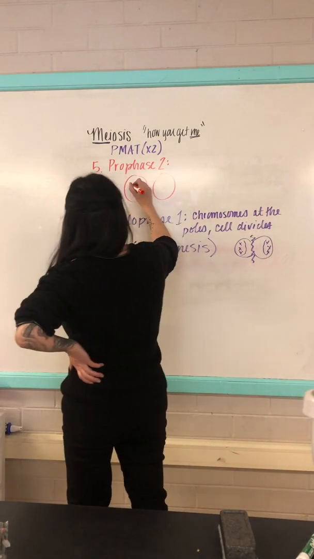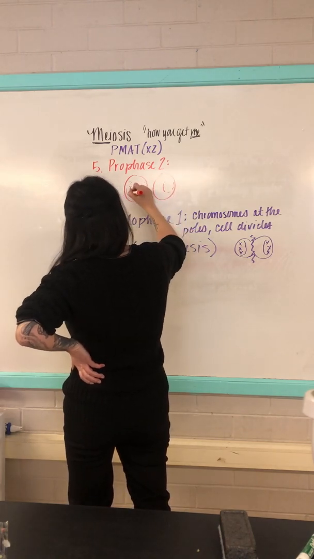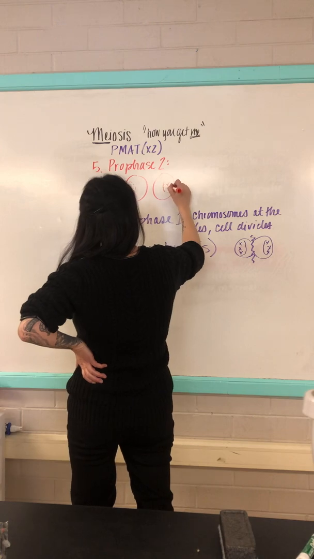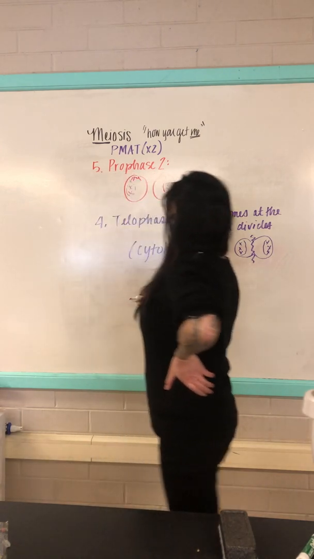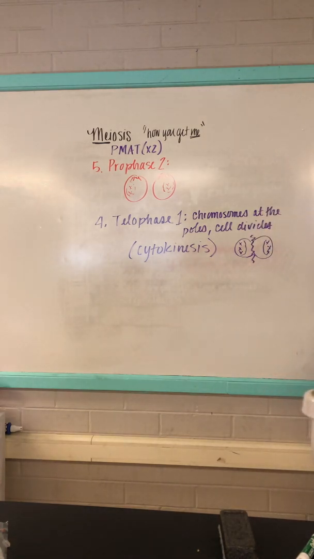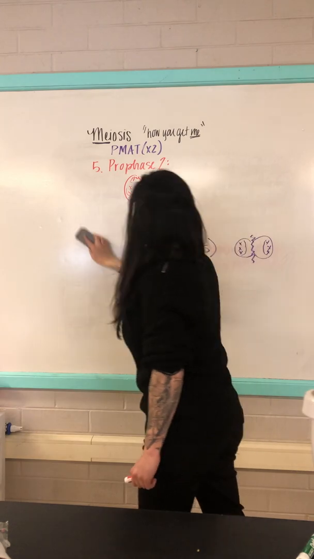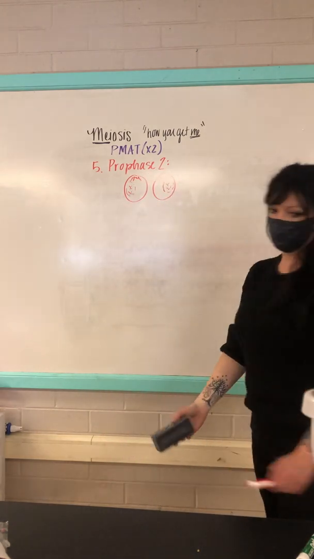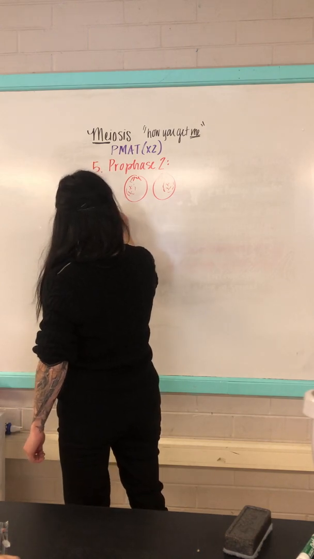Okay, so we've got our nucleus that's kind of breaking down. It's got some chromosomes in it. And we got the little spindles that are starting to form in it. And then we're going to go to metaphase 2.